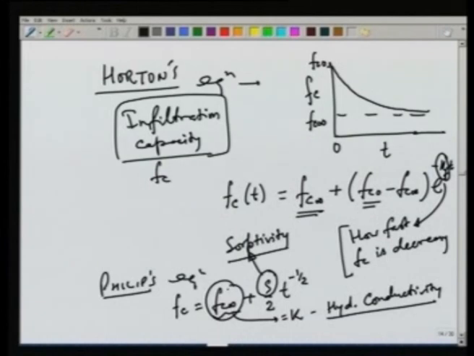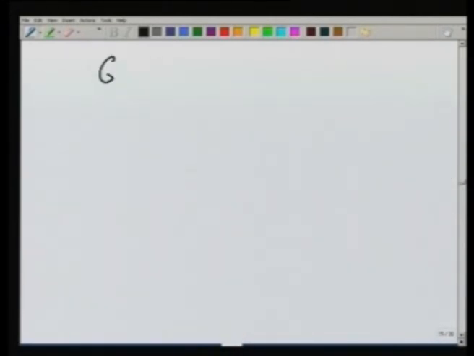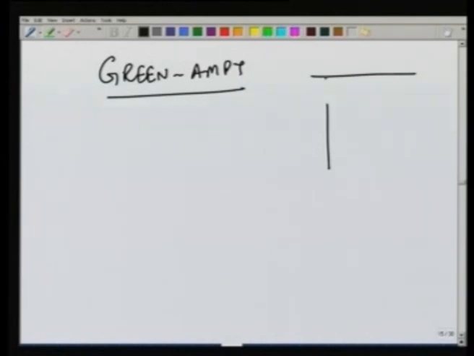There could be a lot of other equations. For example, there is one model which is known as the Green-Ampt model, which assumes a plug flow. So, the moisture profile below the ground, instead of being gradual like this, is typically assumed to be in the form of a plug flow or a sharp interface like this.